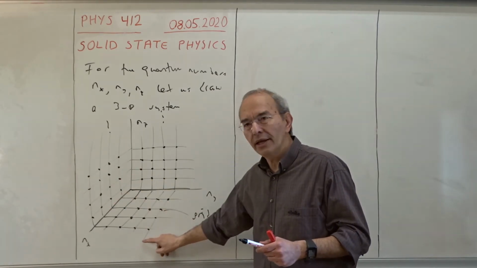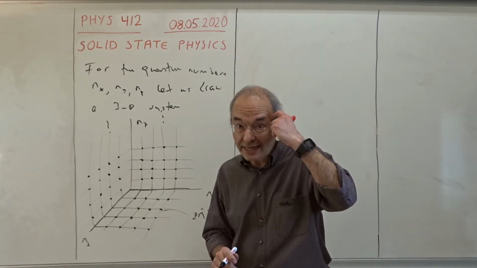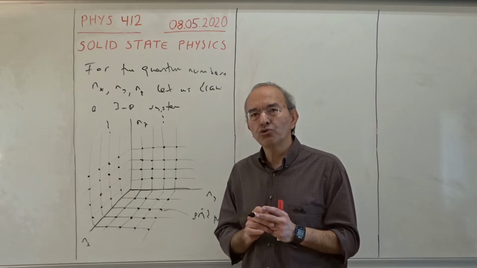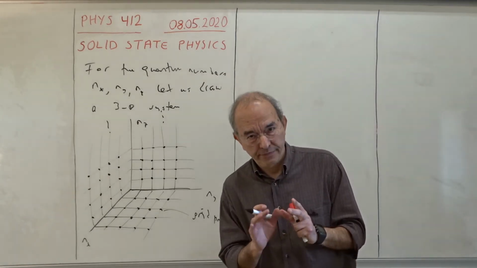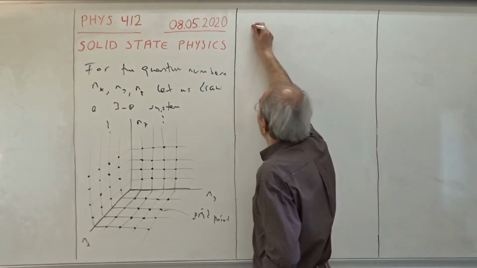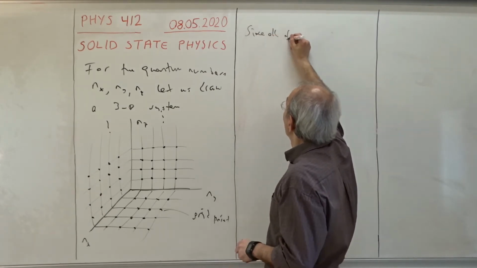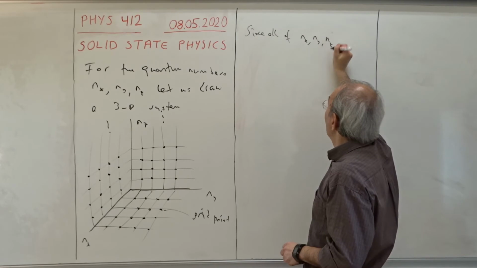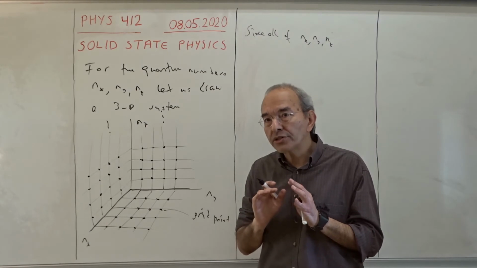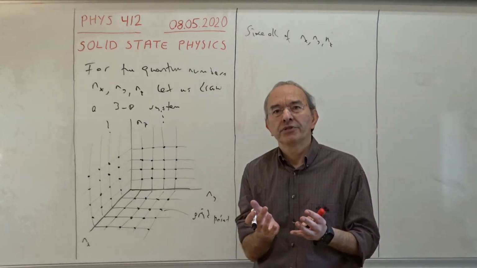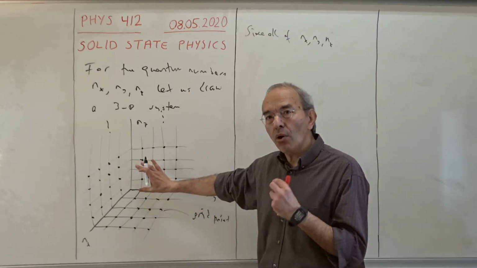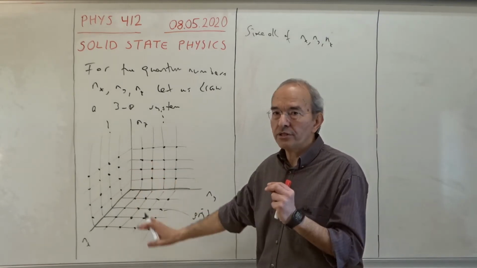If you go below this one, nz should have negative values. But negative values are meaningless for such cases. All these three quantum numbers should be positive. This is the condition. Since all of nx, ny, and nz should be positive, we should consider only one octant of this spherical system. Octant, 1/8. Which 1/8? This one where all nx, ny, and nz have positive values.